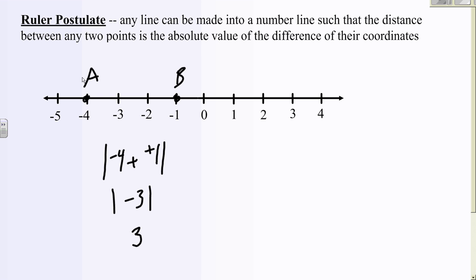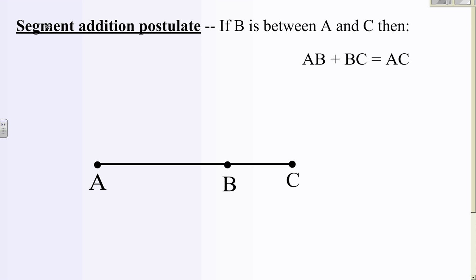The ruler postulate helps us figure out things that deal with segment addition and lengths of segments. And the segment addition postulate says if point B is between A and C, so if I have a point between two other points, which looks something like this, and that means we could draw a segment connecting the two endpoints, so B is between A and C, then the length AB, this length right here, plus BC, this length right here, is equal to AC.